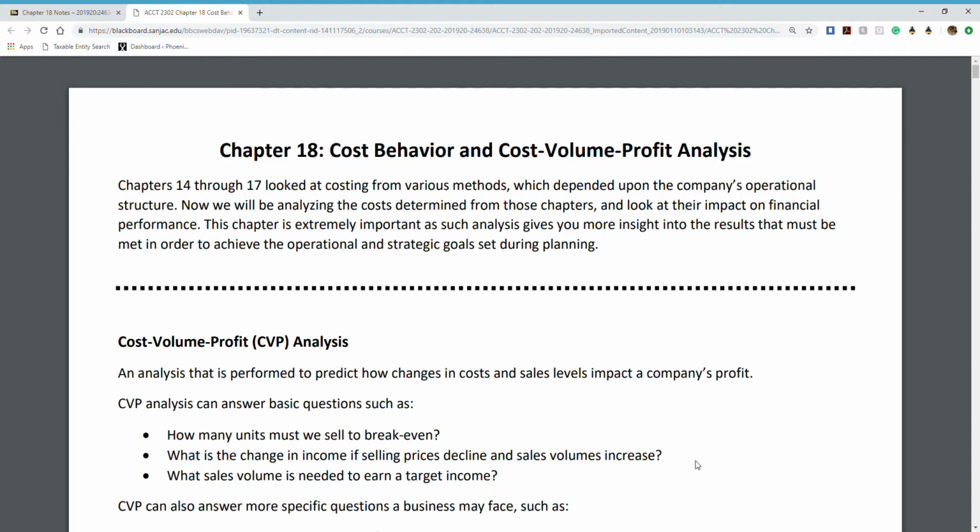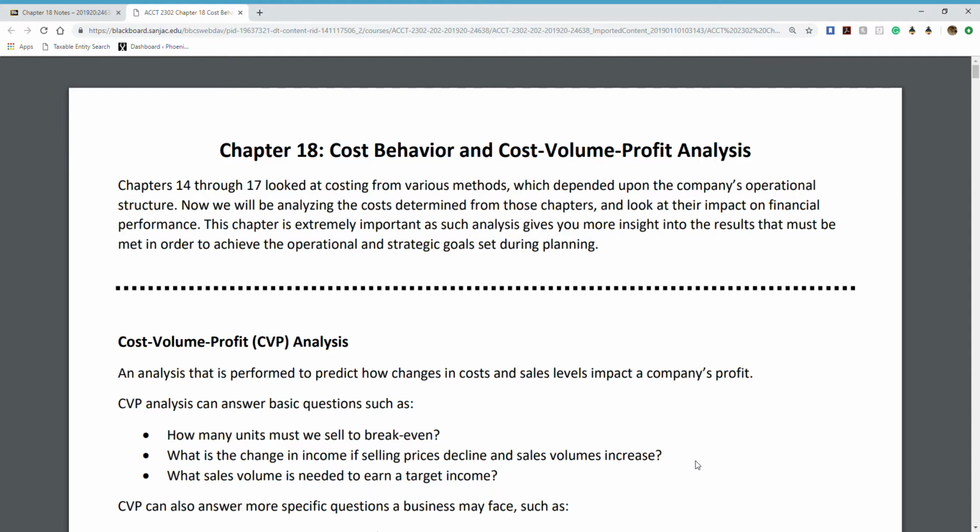Today we're going to go over cost behavior and cost volume profit analysis, so the CVP, and we're going to change things that we've already looked at through chapters 14 and 17. Since these deal with other cost methods, now we're going to get into how much we should sell to break even, and how we can target our sales price.